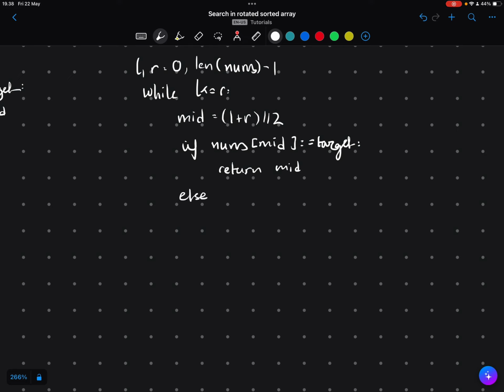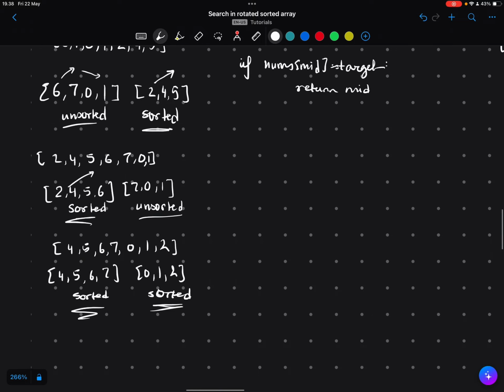But now let's consider the case where we have to determine which side is sorted and which side is not sorted, and we will operate only on one of them. If it is sorted on both sides, we can just check whether our target would fit inside this, or would it fit inside this.